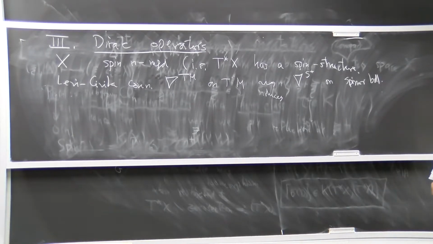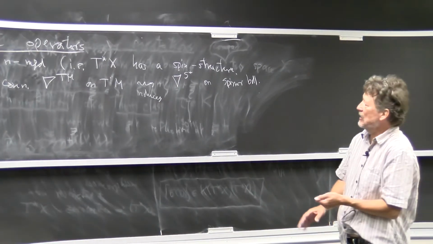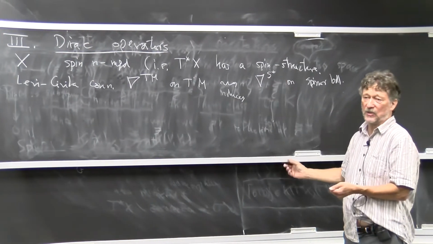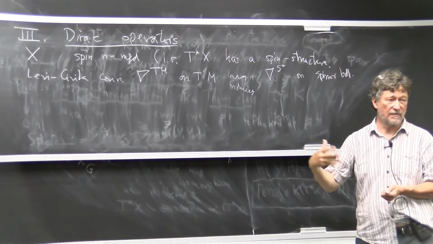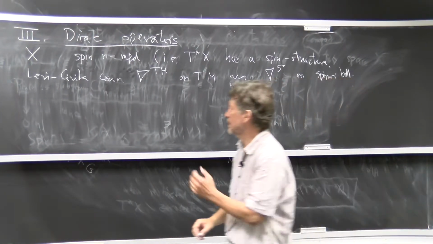So this is a little technical to describe, since on the way from the tangent bundle to the spinor bundle, you dive through principal bundles. So you need to talk about connections on principal bundles, but it's not very complicated once you know what a connection on a principal bundle is. Anyway, the upshot is you get a connection on this vector bundle of spinors.